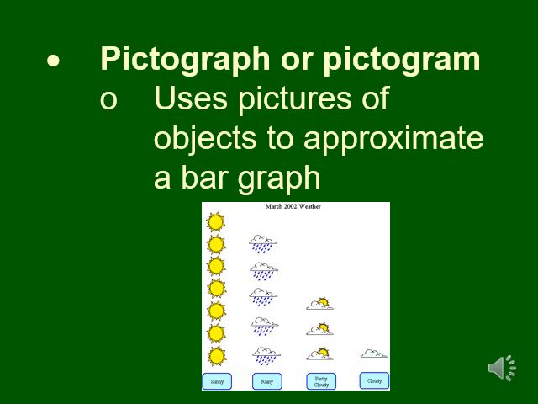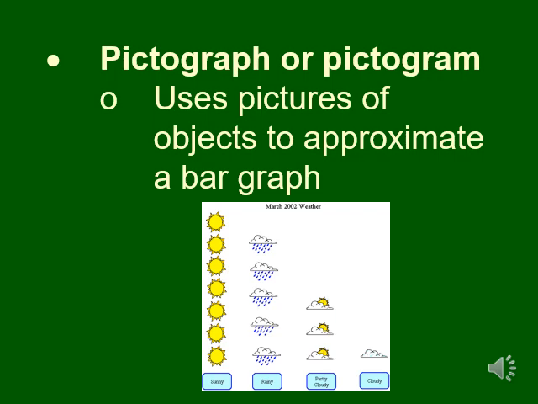Something else that essentially is a bar graph is what we call a pictogram or pictograph. All that does is it uses little pictures to literally make the bars for your bar graph. Now, the example I'm showing you here is actually not a good pictogram because they don't have any label that tells you how many days each of the symbols is standing for.